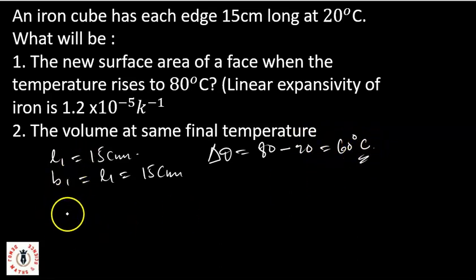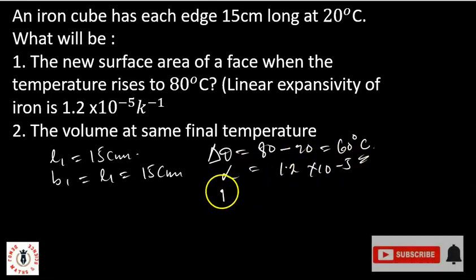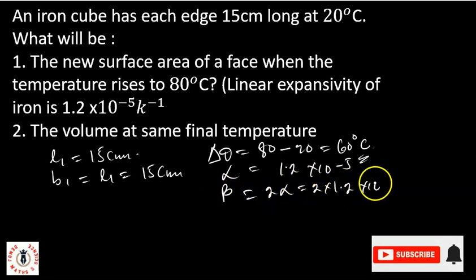Now, to calculate the area expansivity, we already have that the linear expansivity of this object is 1.2 times 10 raised to the power minus 5, so the area expansivity of this object will be 2 alpha, which is 2 times 1.2 times 10 raised to the power minus 5. That's equal to 2.4 times 10 raised to the power minus 5 per Kelvin.